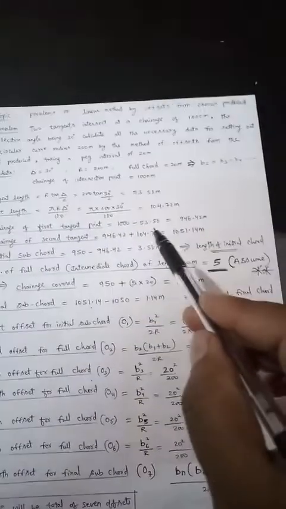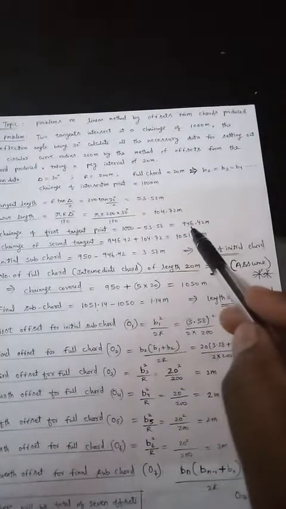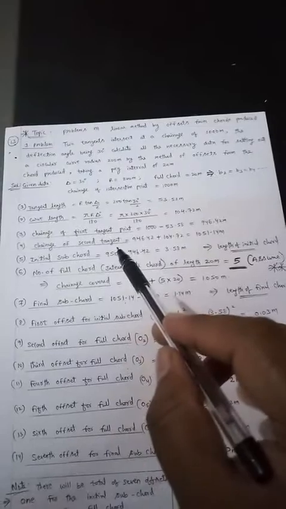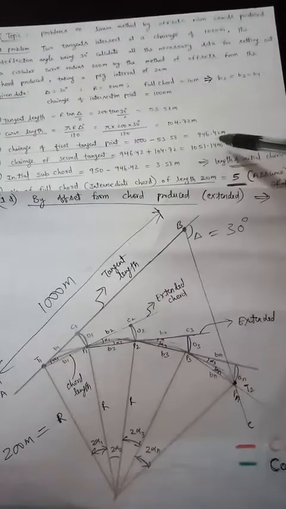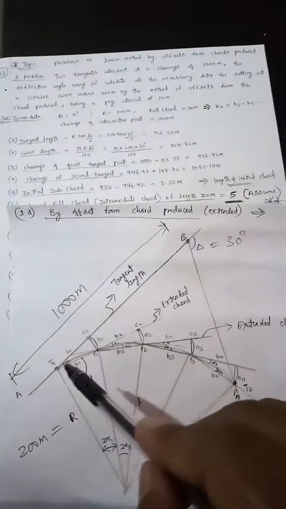By subtracting the tangent length, we will get 946.42 meters. Now the chainage of the second tangent point. The chainage of the first tangent point is 946.42 meters.